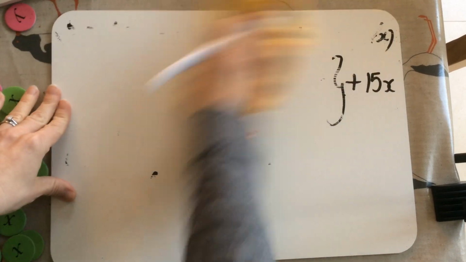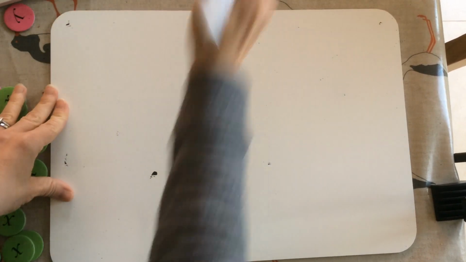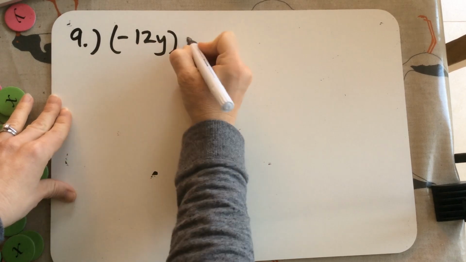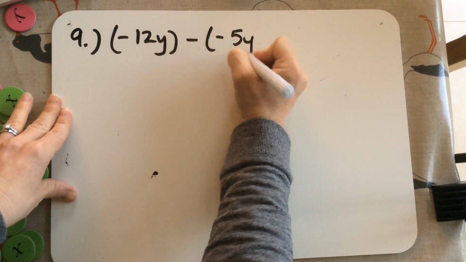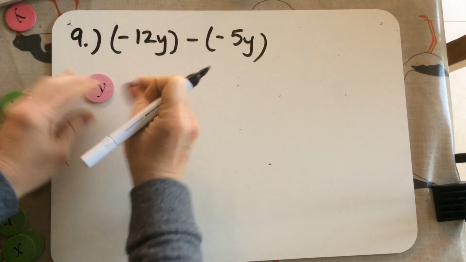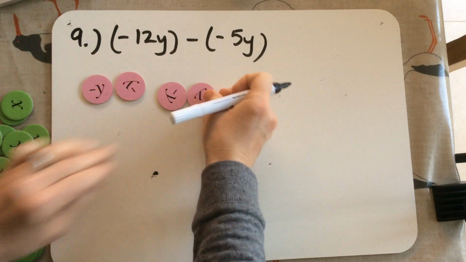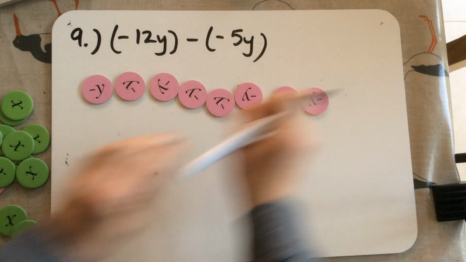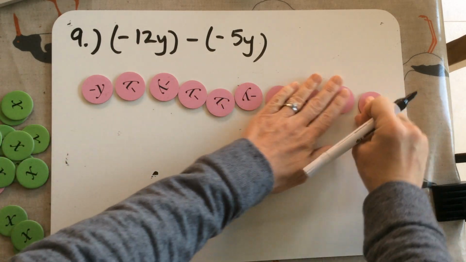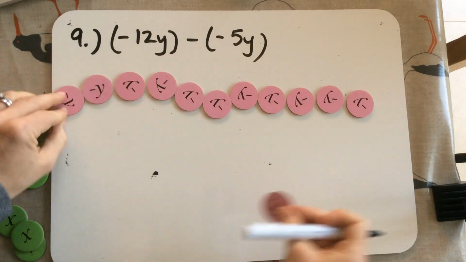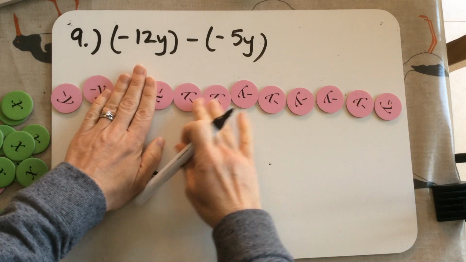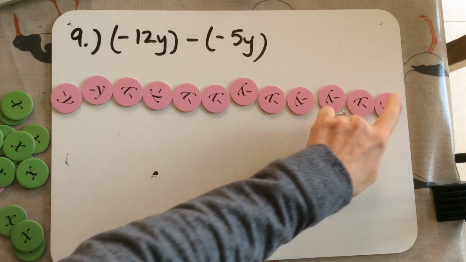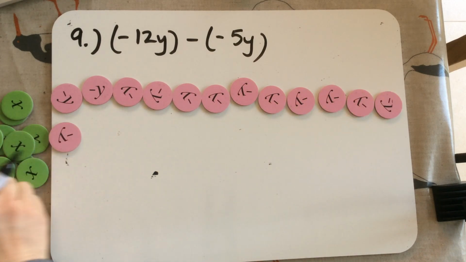Question 9. Very similar, but this time with the y variable. Negative 12y subtract negative 5y. So I've got 12 negative y's, and 5 negative y's.